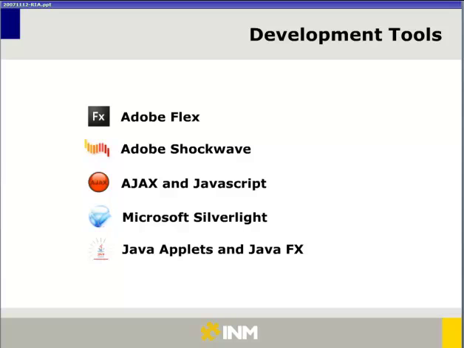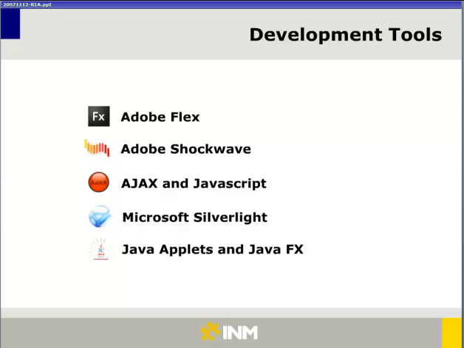The fifth of the technology development tools that we're going to look at is Java applets. These are really small applications, built in Java, that are part of a larger application. They enhance the ability that HTML provides, but not significantly.